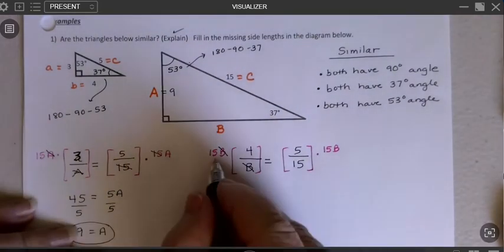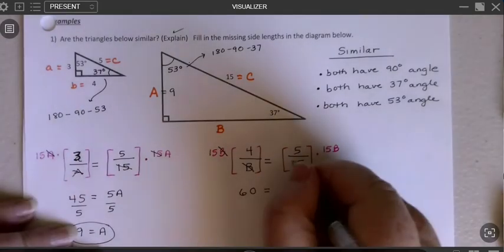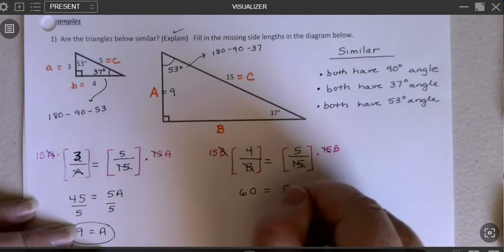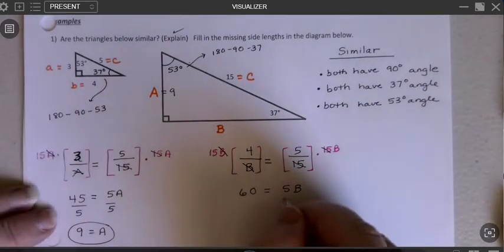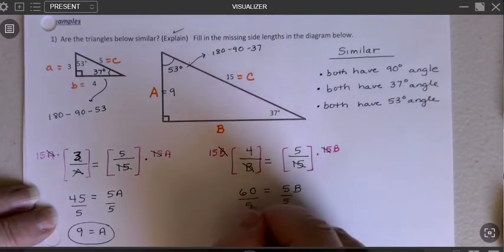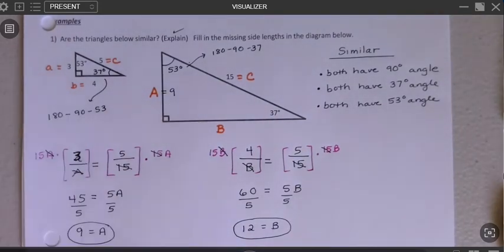Left side, 15 times 4 is 60. And the right side, I get 5 times b. Divide both sides by 5. And 60 divided by 5 is 12 for b. Again, not at all unexpected. That's exactly what we thought it was going to be.